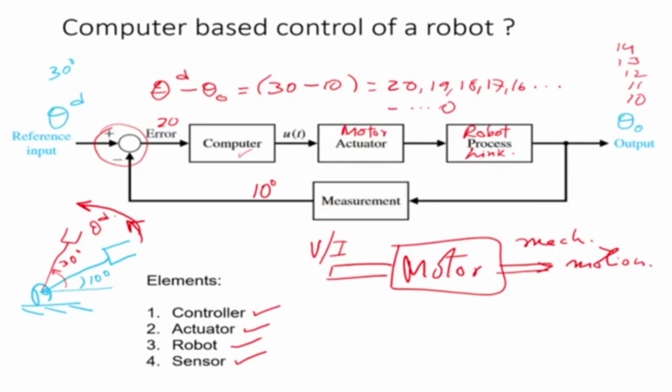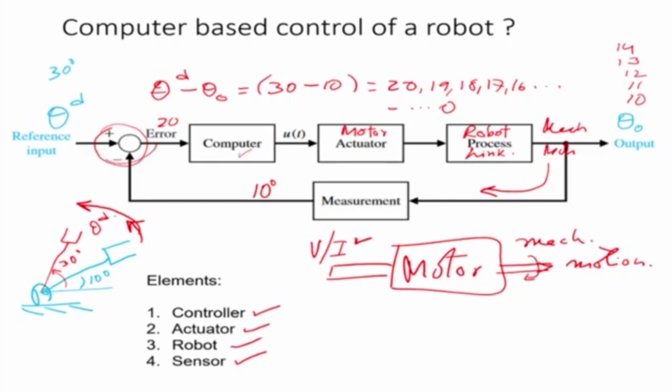The amplifier is amplifying the current, giving it to the motor, which is rotating, which means that electrical energy is being converted to mechanical energy. Now the robot link is moving, which means it is mechanical motion. The output here is mechanical motion, and this mechanical motion is coming this way.